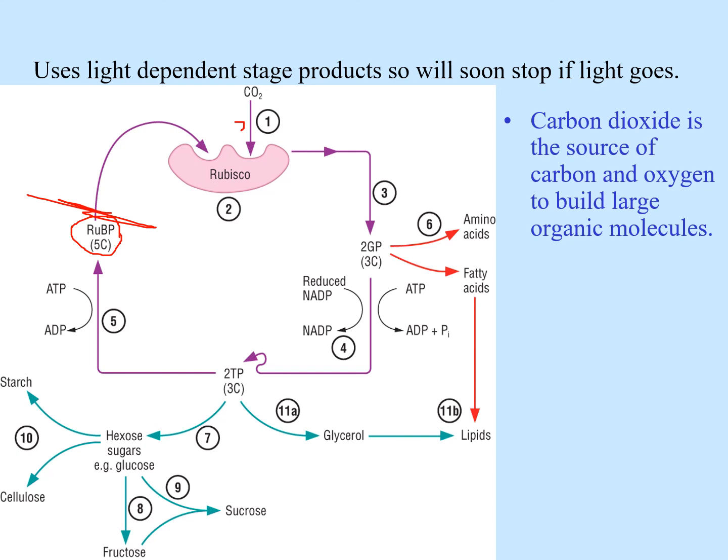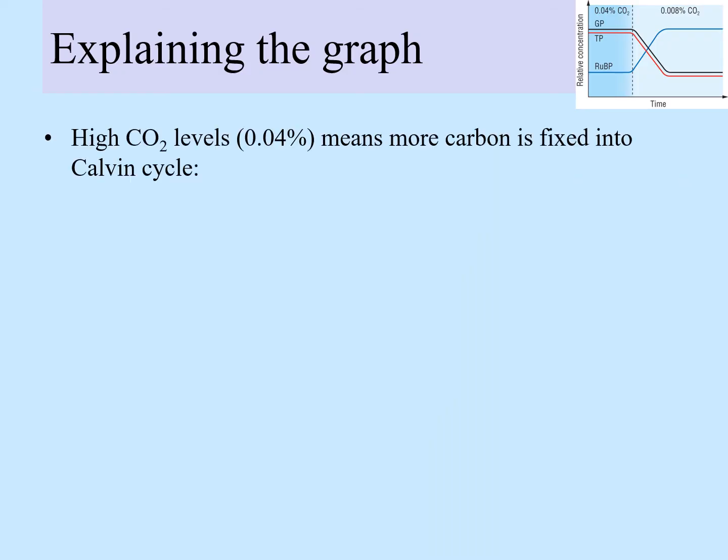And that means that your GP and TP, because remember you've got lots of ATP and NADPH, is not a problem, that will continue to push any of them back there. So you'll end up slowing down like a traffic jam. Because there's less carbon dioxide, you won't get this bit happening to replenish the GP and TP. So how do we answer this in a graph?